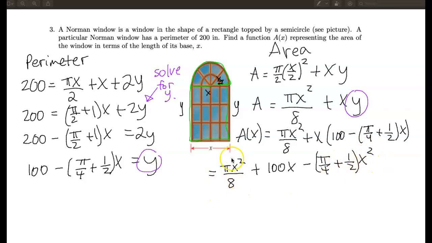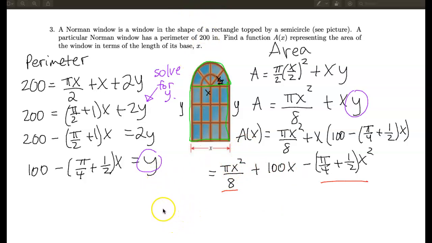Okay, we'll be able to combine the x squared terms, and then we'll be done.